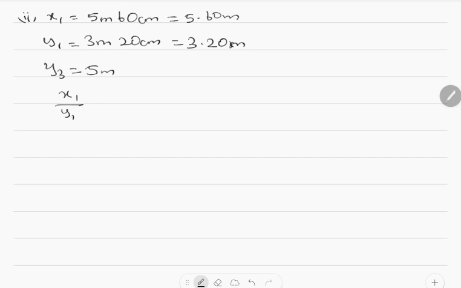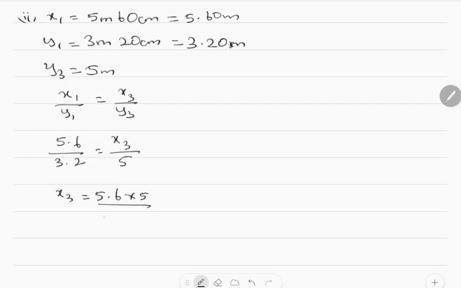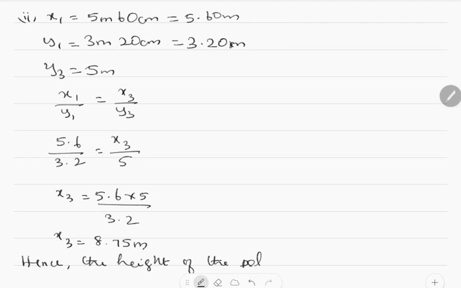So x1 by y1 equal to x3 by y3. 5.6 by 3.2 is equal to x3 by 5. x3 is equal to 5.6 into 5 by 3.2. x3 will be 8.75 meters. Hence, the height of the pole is 8.75 meter or 8 meters 75 centimeter.